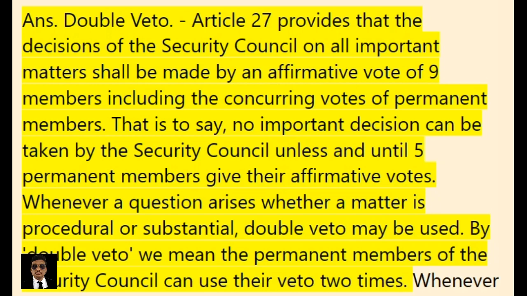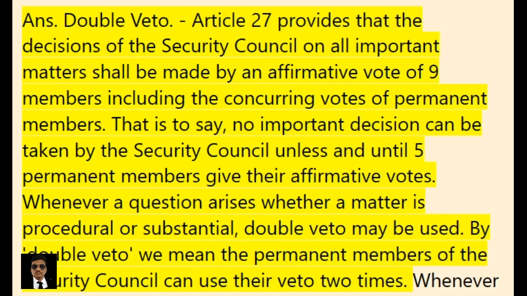That is to say, no important decision can be taken by the Security Council unless and until 5 permanent members give their affirmative votes. Whenever a question arises whether a matter is procedural or substantial, double veto may be used.